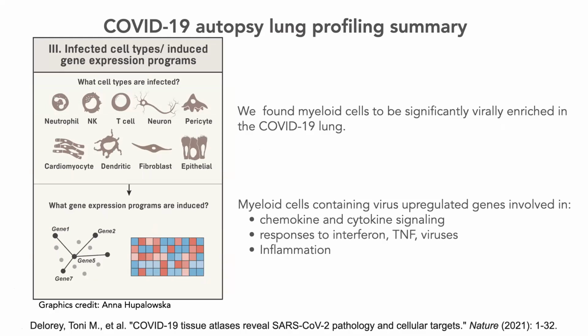In data that I didn't show you today, but is in the paper, we found that, again, myeloid cells tend to be infected, but they turn on gene programs involved in cytokine signaling, response to interferon and inflammation. And we have a lot more data in the paper, including spatial RNA sequencing assays and GWAS results, and I hope you'll check it out.